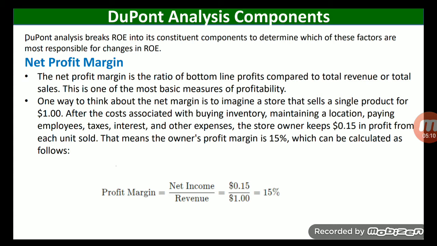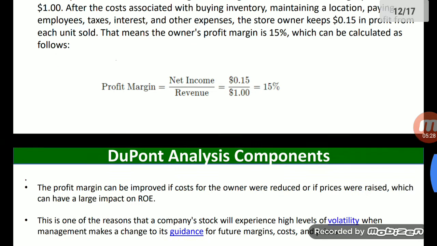That means the owner's profit margin is 15%, which can be calculated as follows. Profit margin is equal to net income divided by revenue. So net income of $0.15 divided by $1 is equal to 15%.